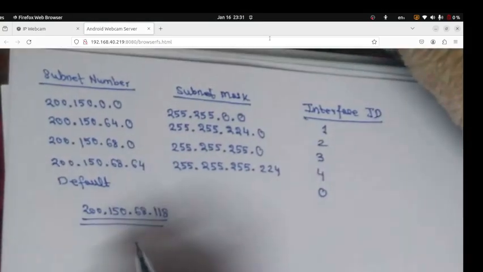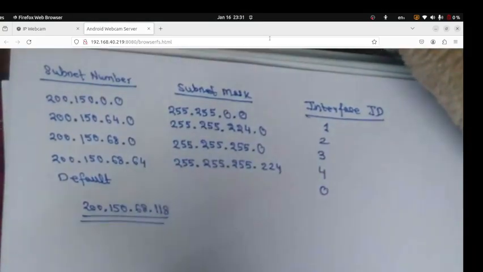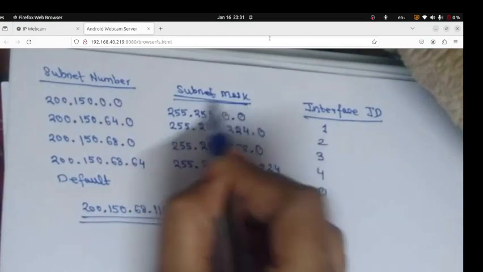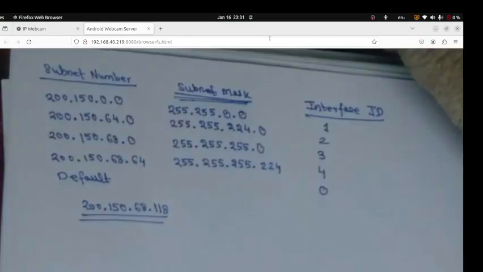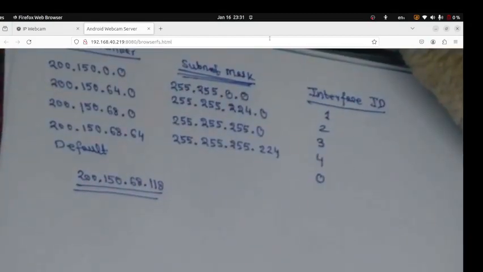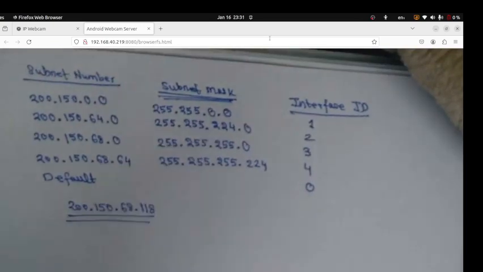First of all, I want to say something about the subnet mask. I have already introduced this term mask. Suppose a destination IP address is given. The mask is used to extract the network information from the destination IP. When a packet comes to a router, it first checks how to extract the network address from the destination IP.